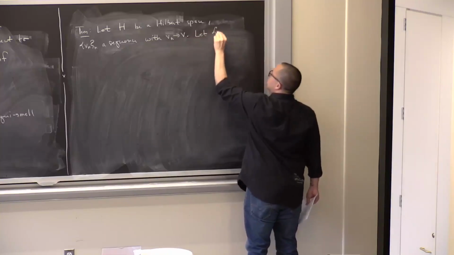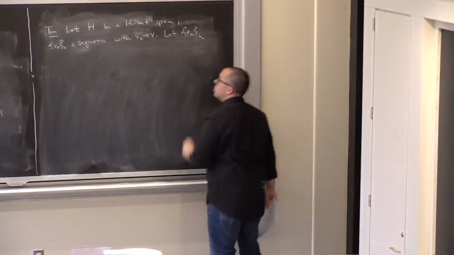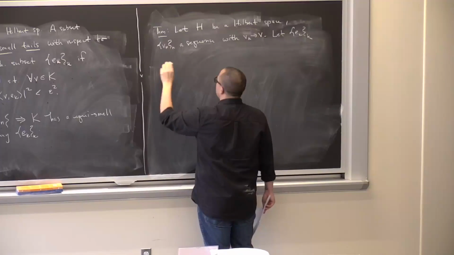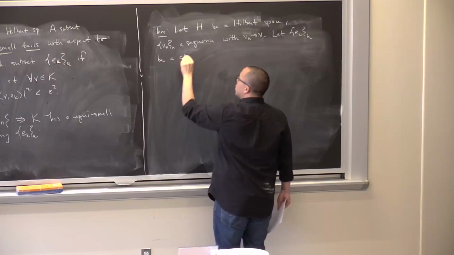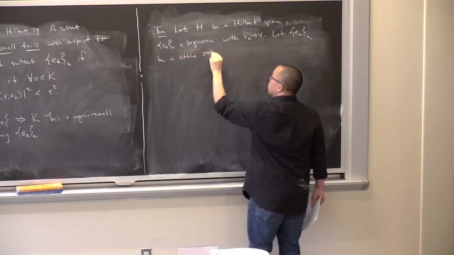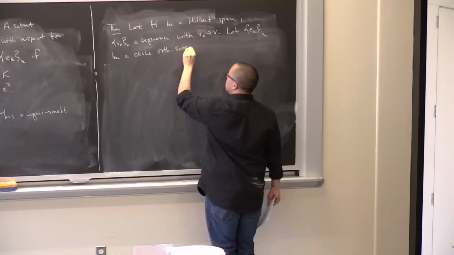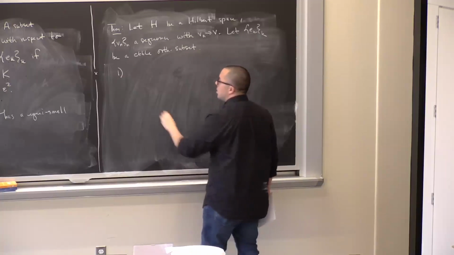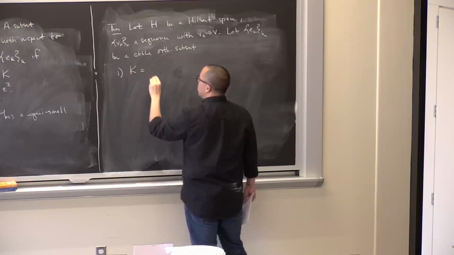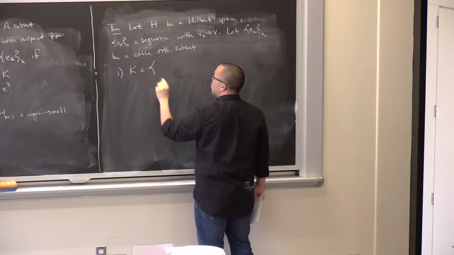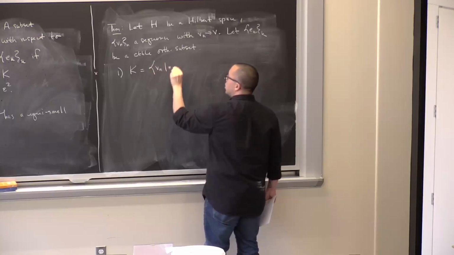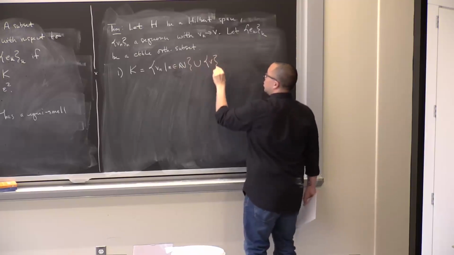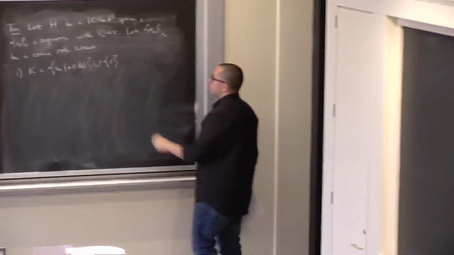Now, let e_k be some arbitrary countable orthonormal subset. Then two things hold. One is that the set K, equal to the set of elements v_n union the limit, is compact.